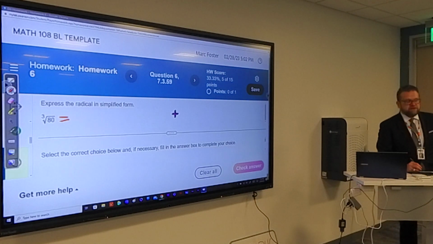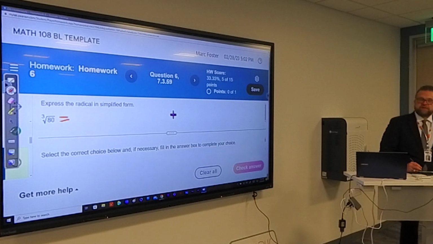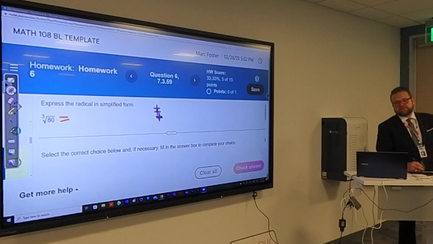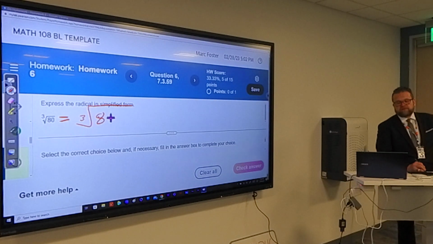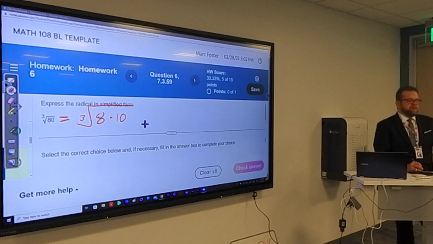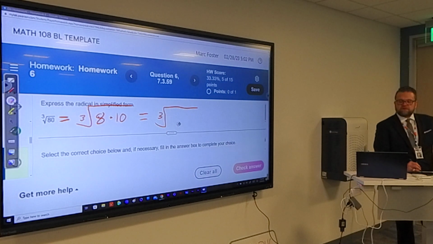Well, 80 is even. In fact, it's divisible by 10. So it's divisible by 2 and 5. I can view this as the cube root of 8 times 10. But 8 is 2 cubed and 10 is 2 times 5. So really I am looking at 2 cubed times 10.